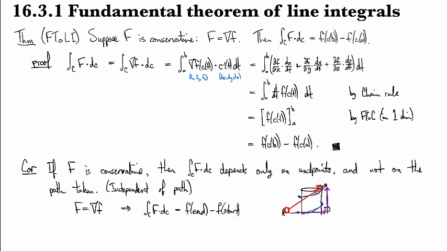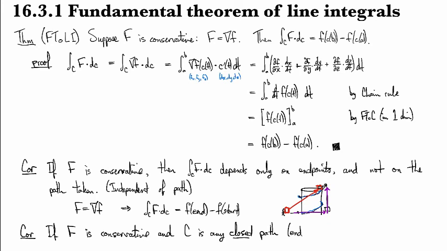And another corollary is that if F is conservative, and C is any closed path. So remember, that means that you end where you start.